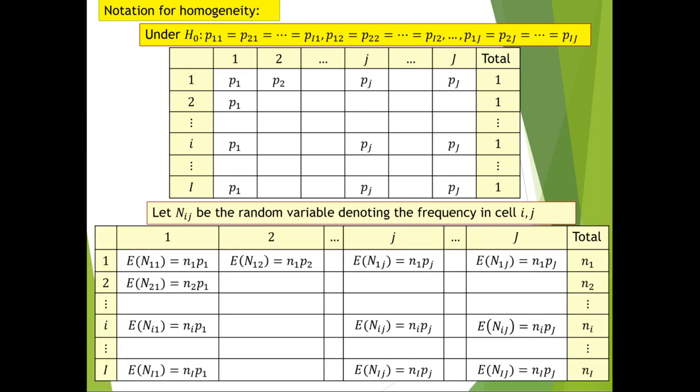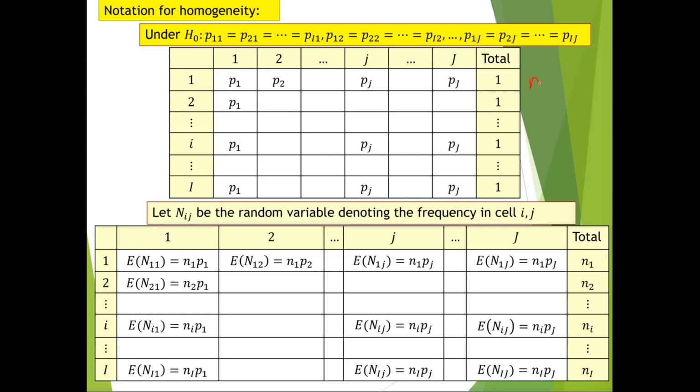we can say, according to the theory, the expected value of the frequency in the first population, first category, will be based on N1, that's the total.